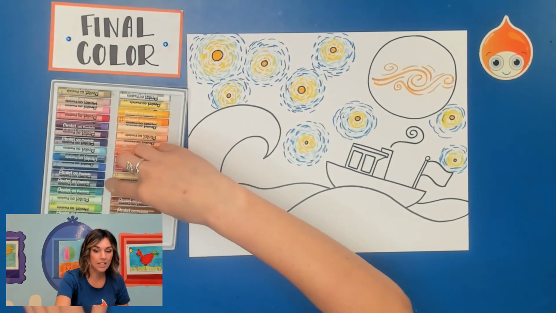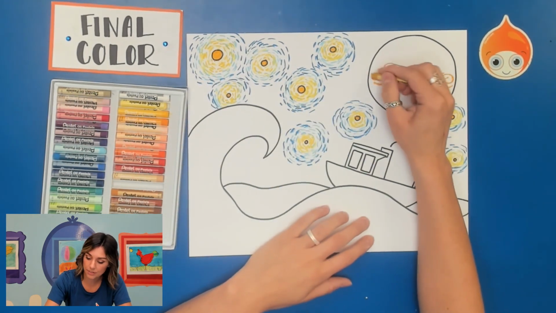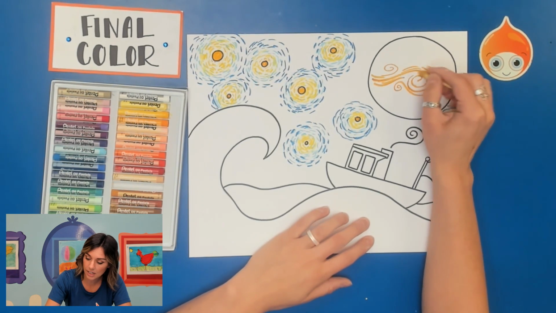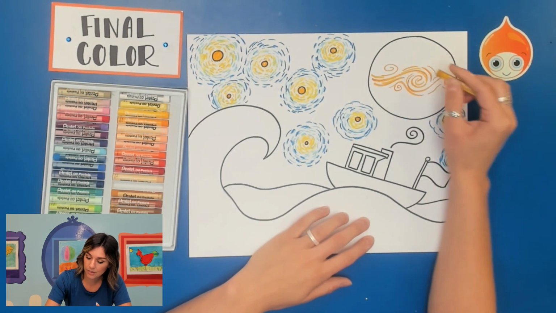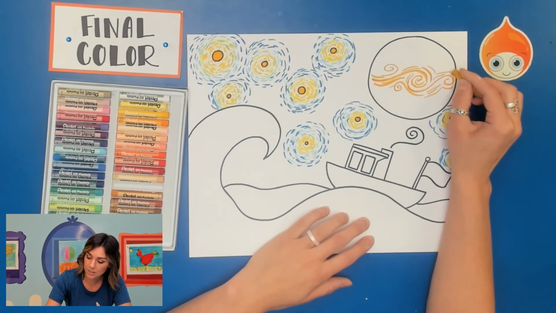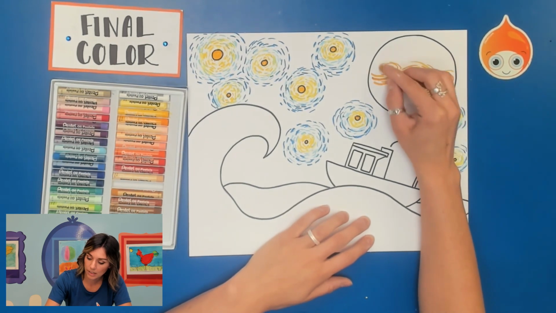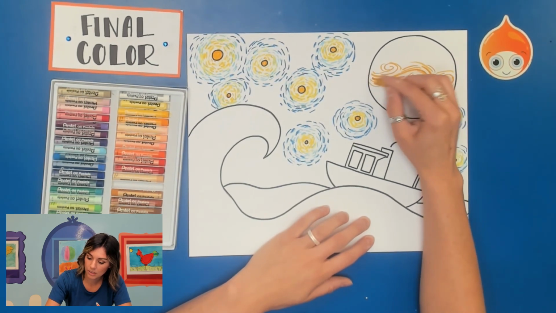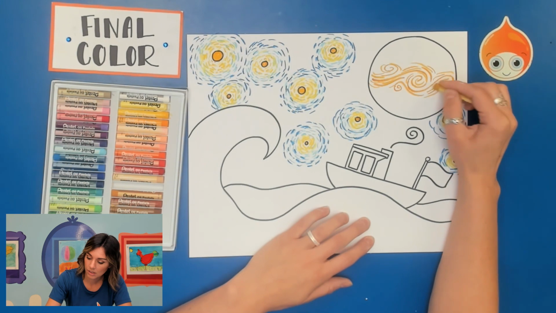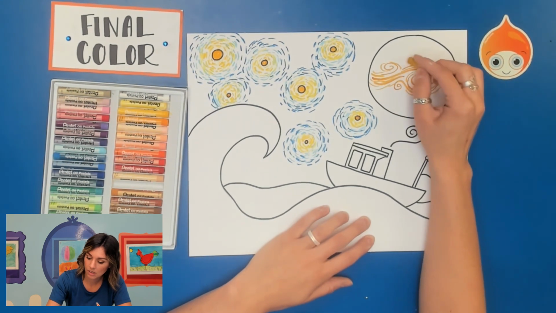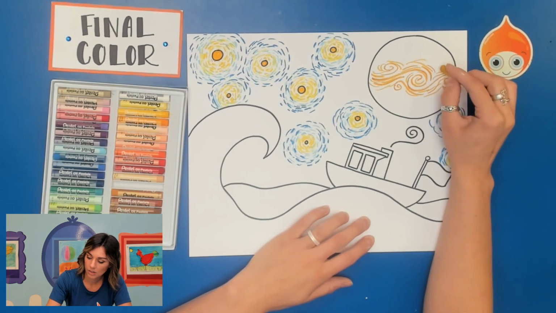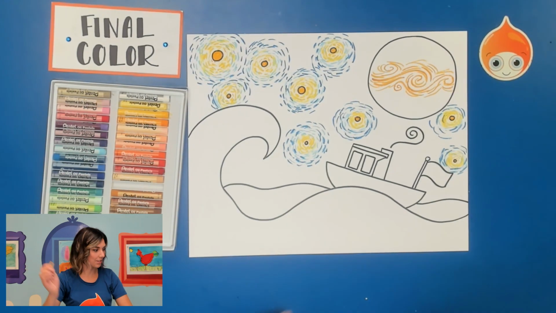And once you're done with that, you can grab all sorts of different shades of tan and brown and just define that turbulence a little bit more in your picture. So there's that.